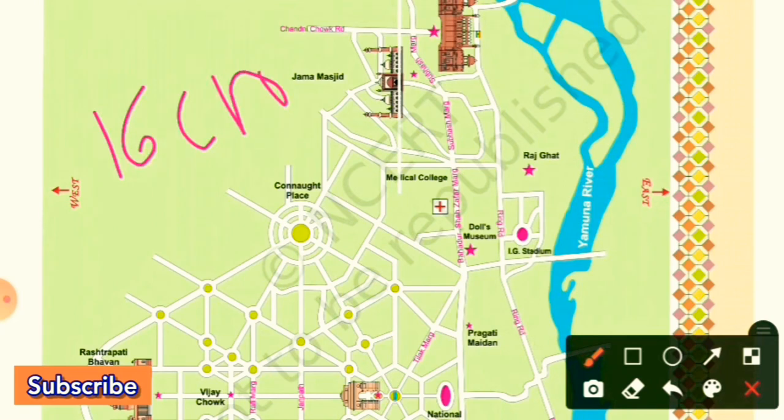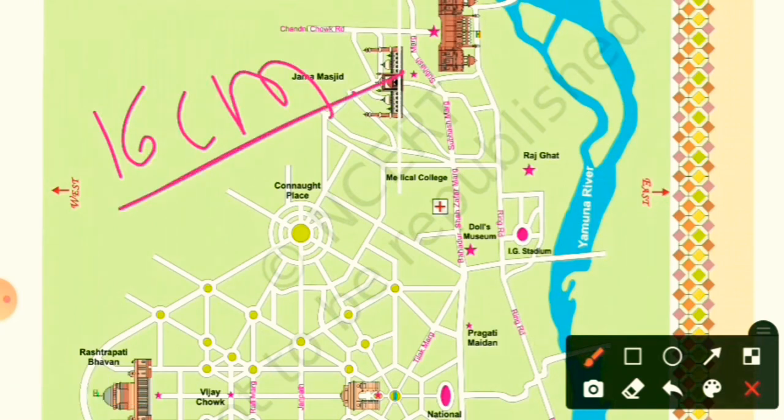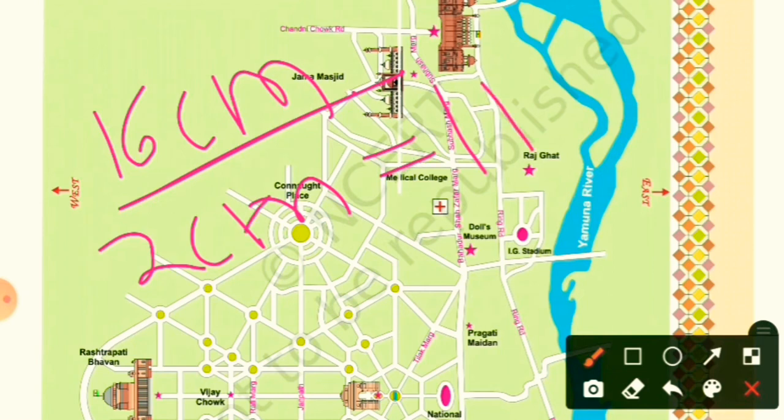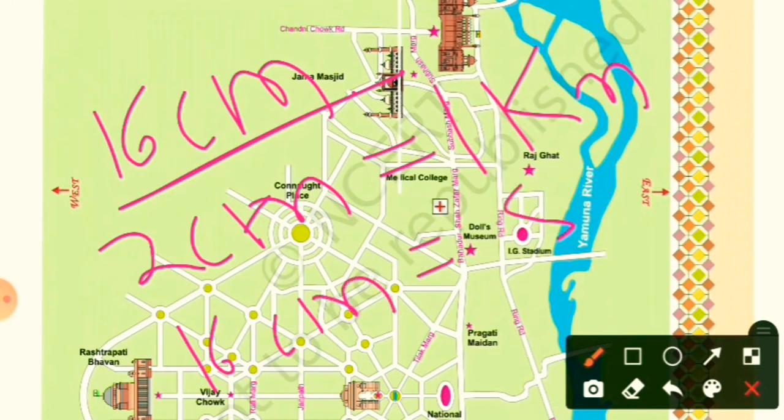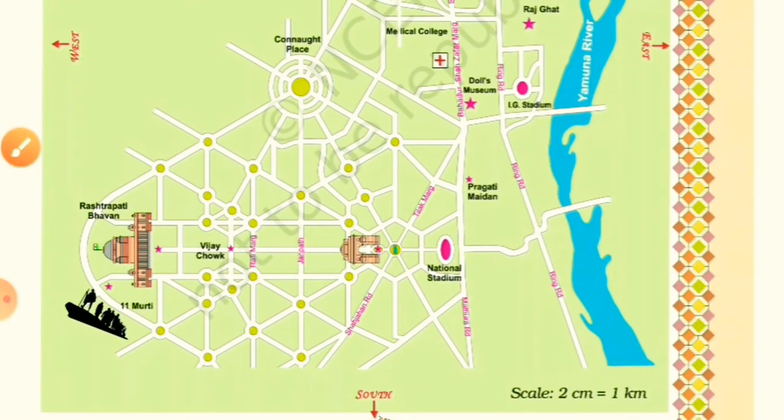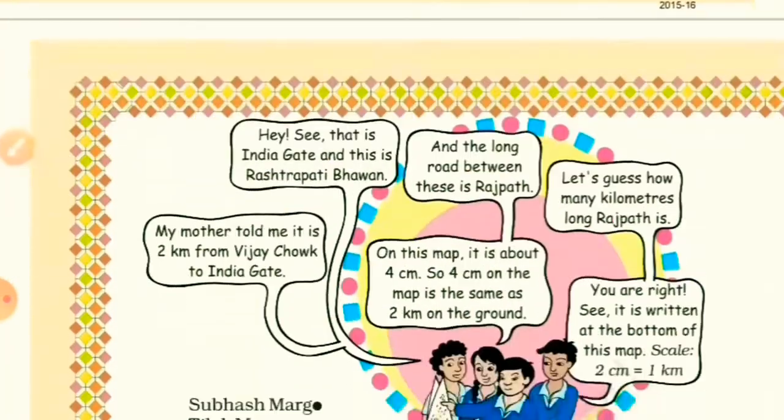On the map 2 centimeters makes 1 kilometer. It means 16 centimeters will make 8 kilometers. So you can write your answer: the parade route is about 8 kilometers.